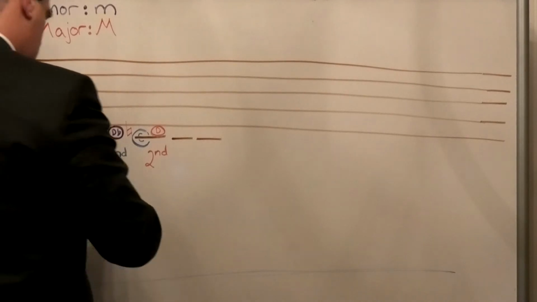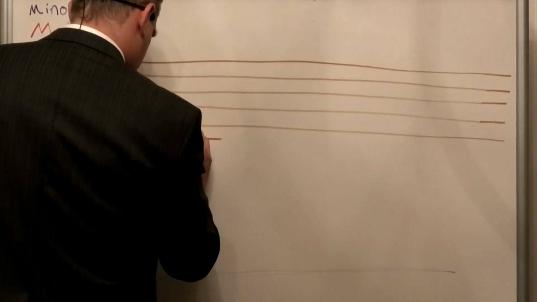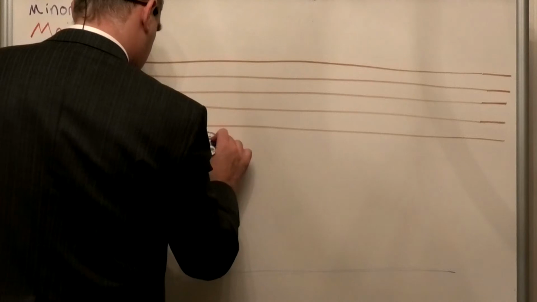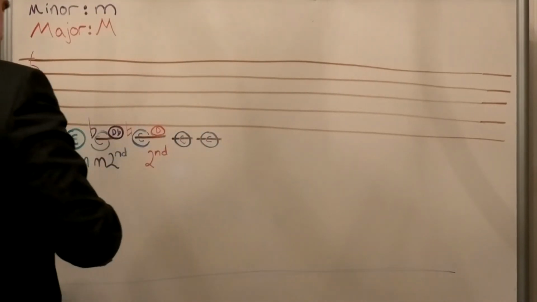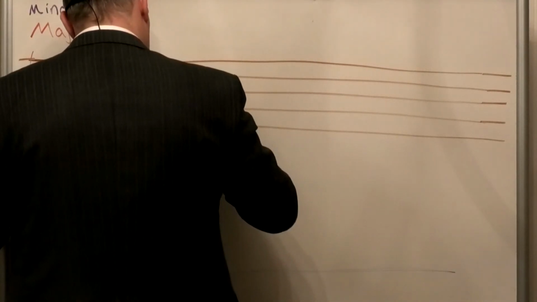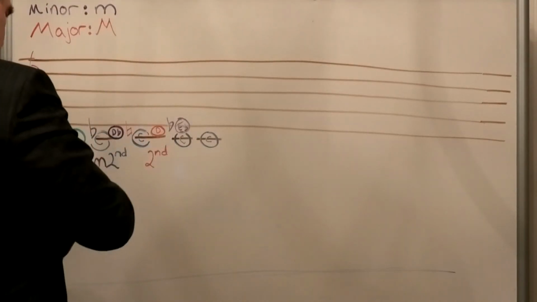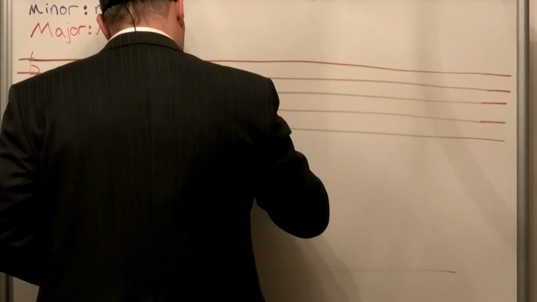Now we have a C and an E flat is next. And the next one after that is a C and an E natural.